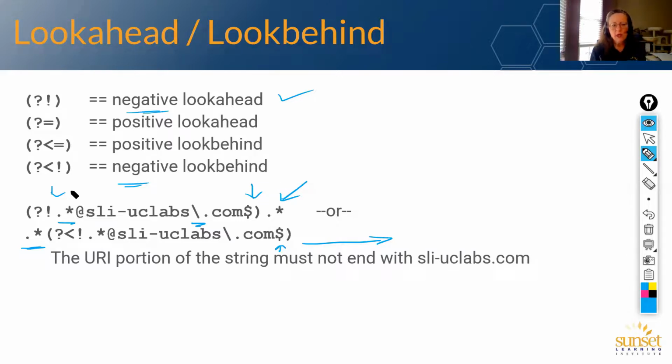Example: my VCS domain supports the routing of calls back and forth between Call Manager and the VCS, the Expressways, sli-uclabs.com. Cool. Anything else that's not that domain would be a business-to-business call. So I might have one search string which captures anything at sli-uclabs.com and processes it.